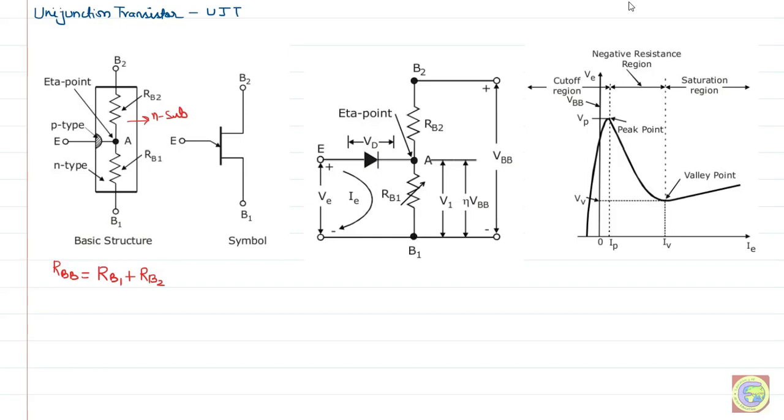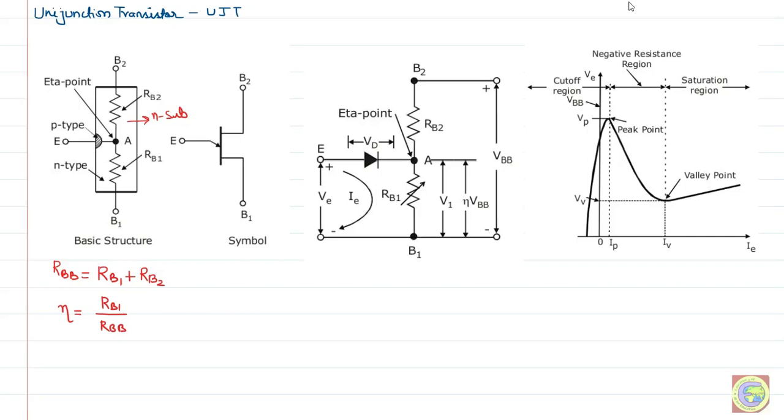Now, one important ratio is also discussed whenever we discuss a unijunction transistor. It is known as the intrinsic standoff ratio, given by eta. It is equal to the ratio of RB1 with respect to RBB.